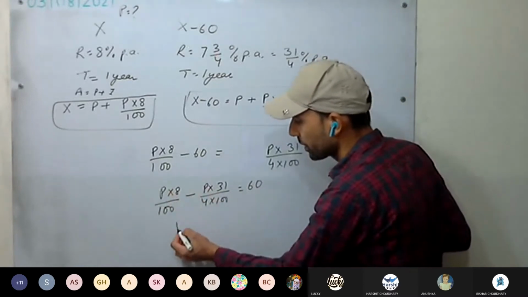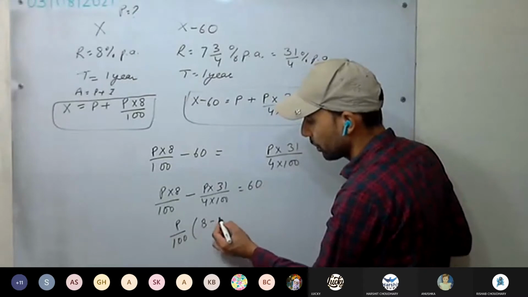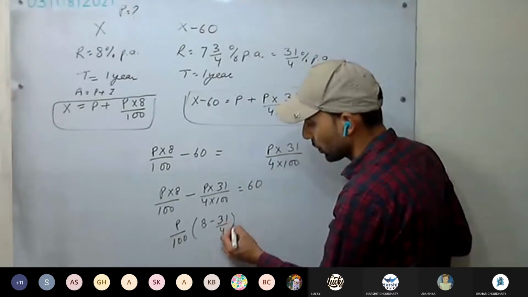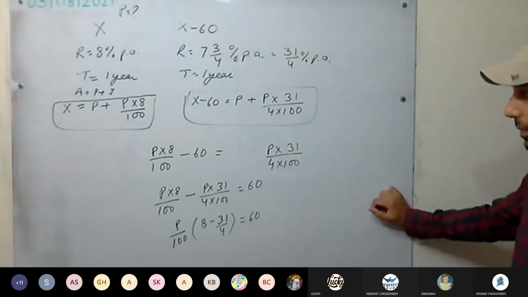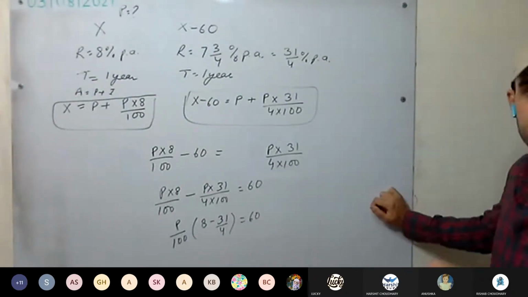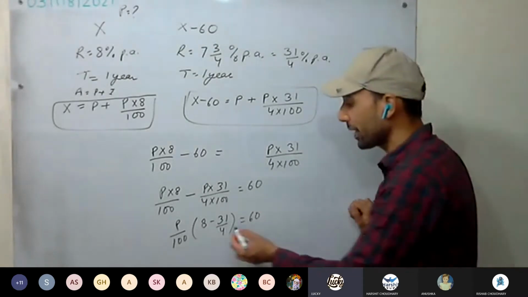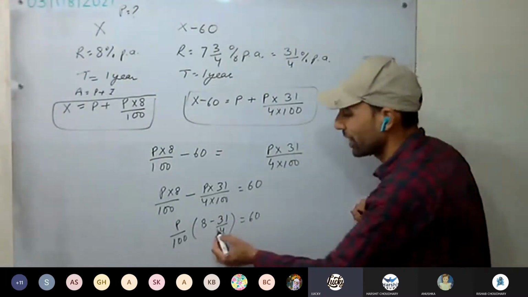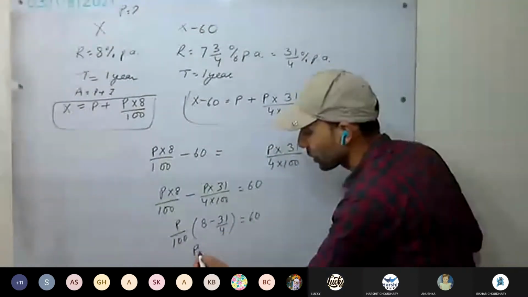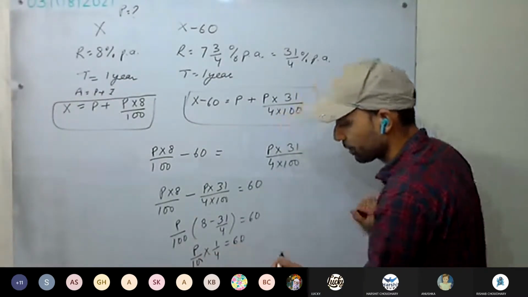P upon 100 we can take common: 8 minus 31 upon 4 equal to 60. Subtract it, how much are you getting? 8 times 4 is 32, so 32 minus 31 upon 4 is 1 by 4. So P into 100 into 1 by 4 equal to 60.